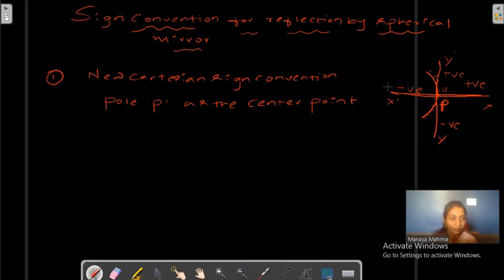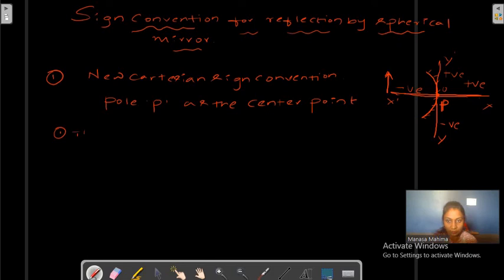And we have to consider the object. Whatever object we are taking, it should always be to the left side of the reflecting surface. What is the first rule?